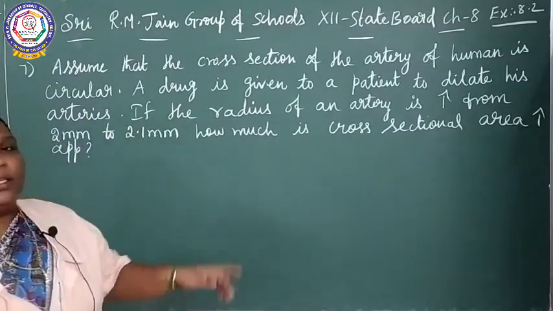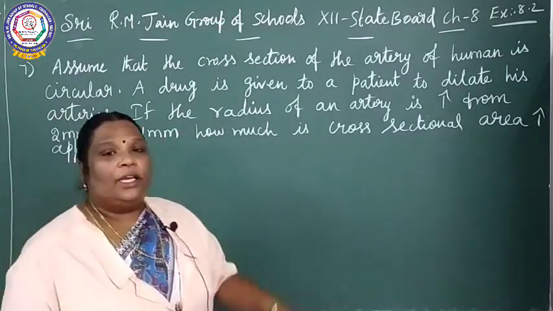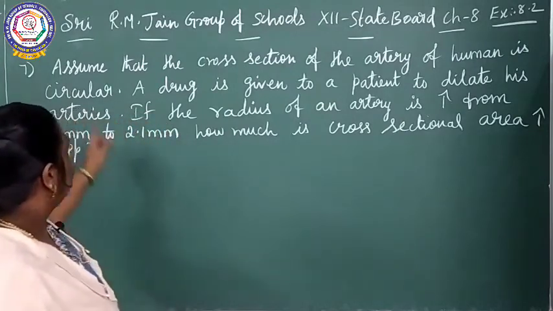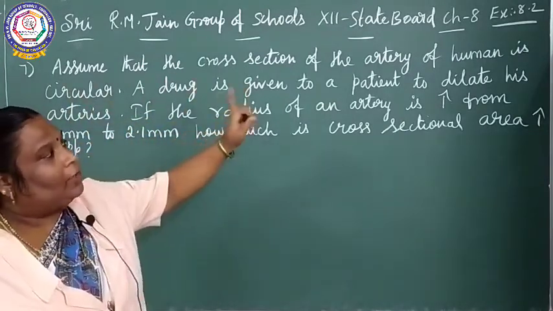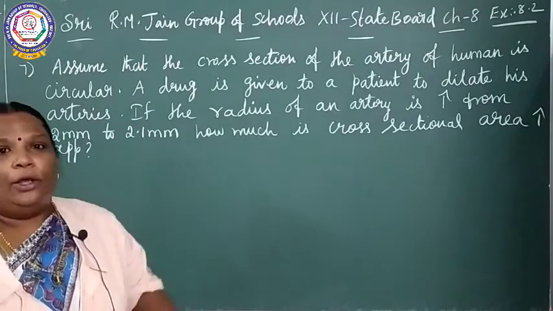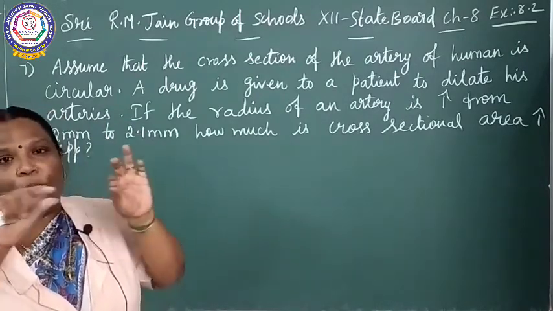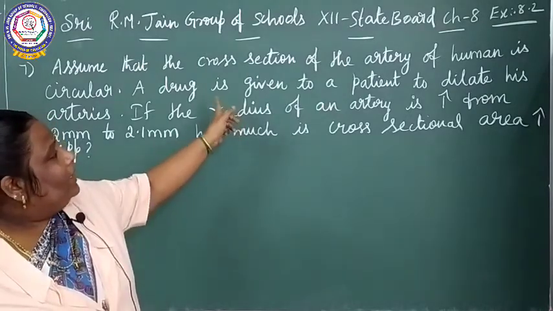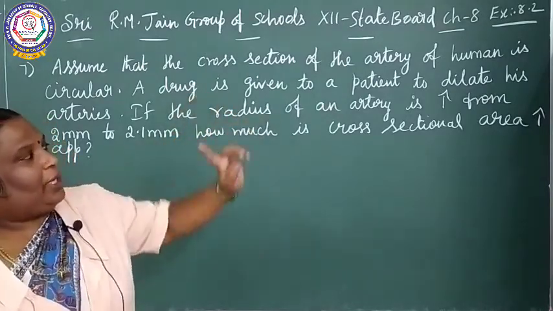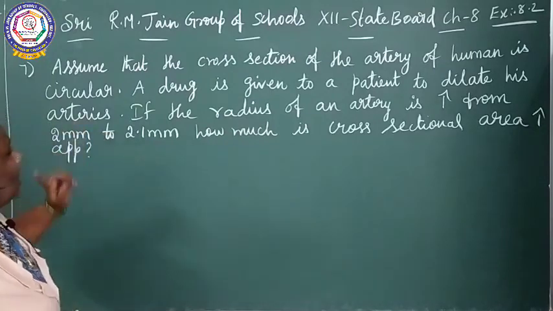Stay good, children. See, this is 12th standard state board, chapter 8, exercise 8.2. Assume the cross section of the artery of a human is circular. You know that the artery is tube-like, a circular shape. A drug is given to a patient to dilate his arteries.